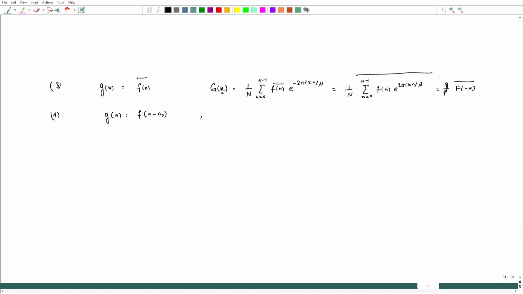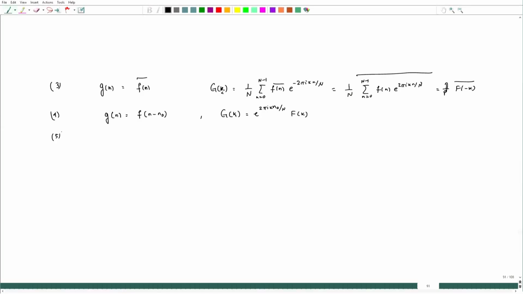Then if you compute just like that, you are going to get g hat of k equal to e to the power 2 pi i k n naught by n into f hat of k, because you can pull out the factor k times n naught by n, which is independent of n in the sum variable. So, you can get that. And the converse is also true.